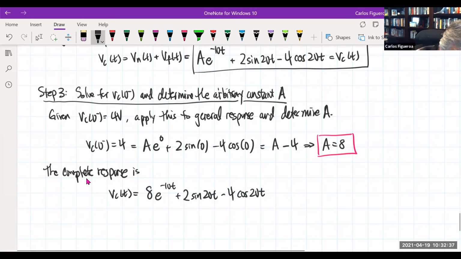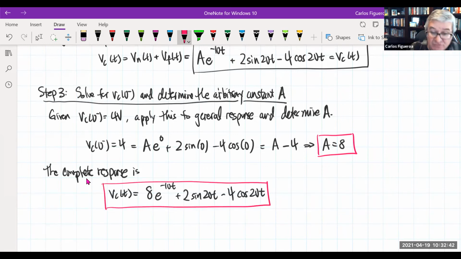And that's my voltage right there. This is how the voltage of the capacitor behaves.